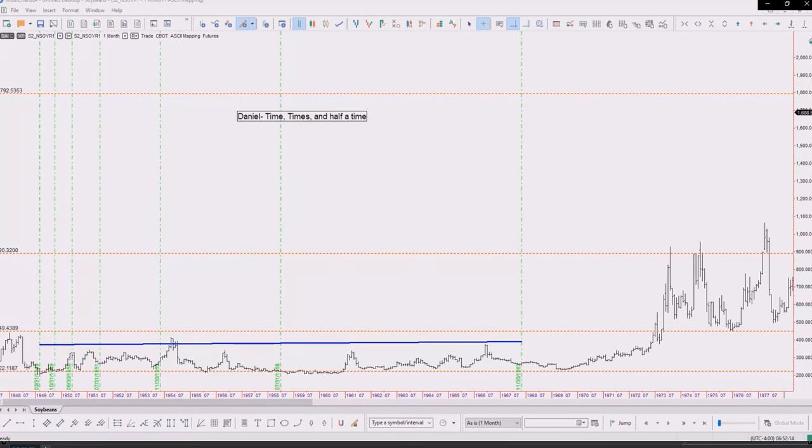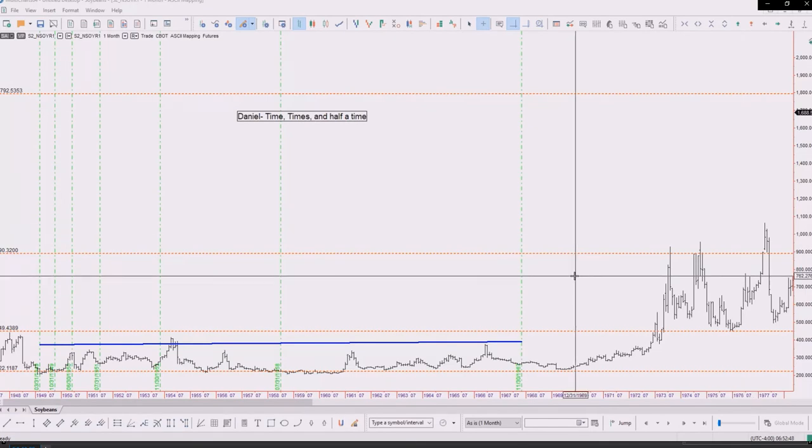So with Daniel's time, times, and half a time, if we assume that times is just a multiple of time, and its most basic multiple would be 2, that would give us a total accumulation of 3.5 times. So what 3.5 times does, if we take that into a summation of half units only, that gives us a total of 7. So we have 7 base units or harmonic units inside 3.5 octaves.